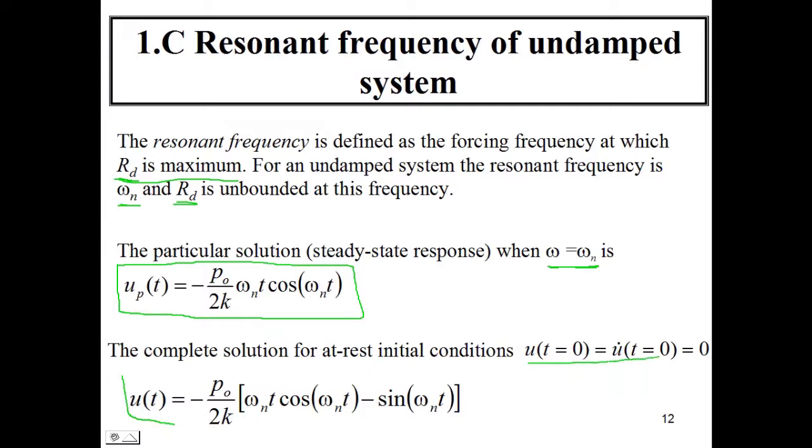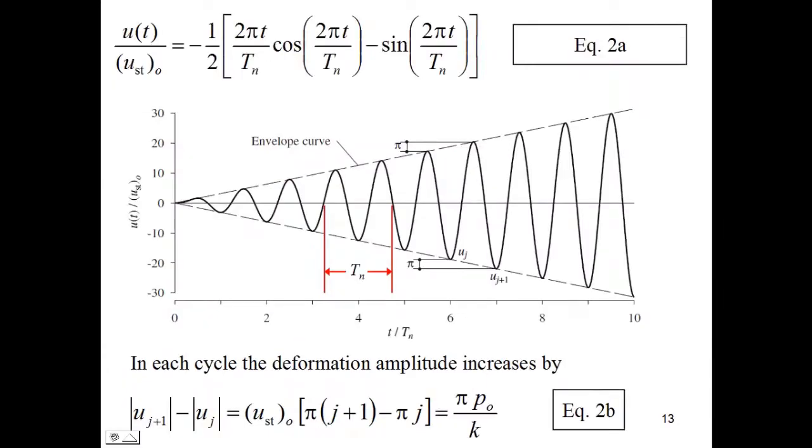In other words, when the initial displacement at time 0 and the initial velocity at time 0 are both 0, the complete solution for at rest initial conditions can be rewritten as shown in equation 2a.